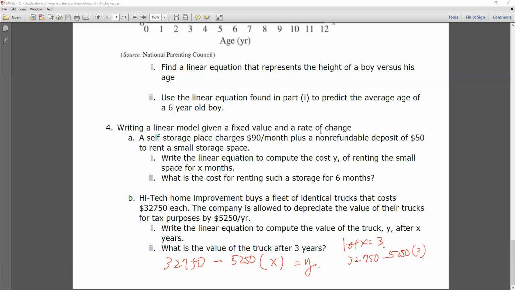Again, calculator. 5,250 times 3 is 15,750. So 32,750 minus 15,750, you end up getting Y equals, actually not negative 7,000, sorry, positive 17,000. So after 3 years, the value was $17,000.